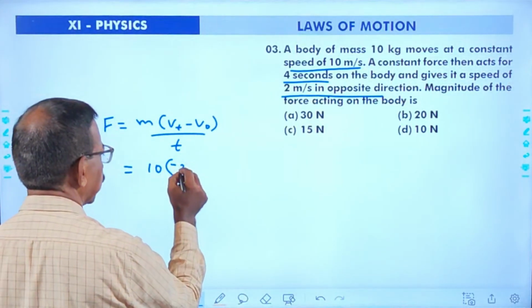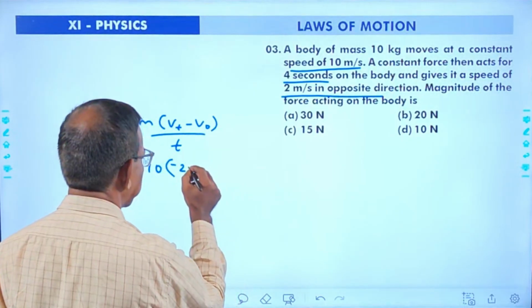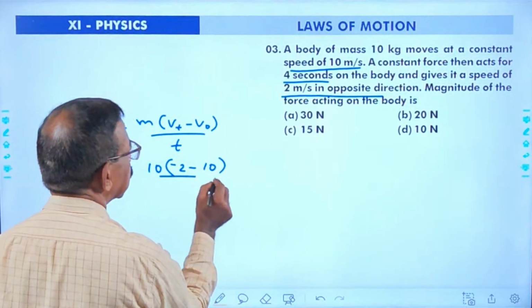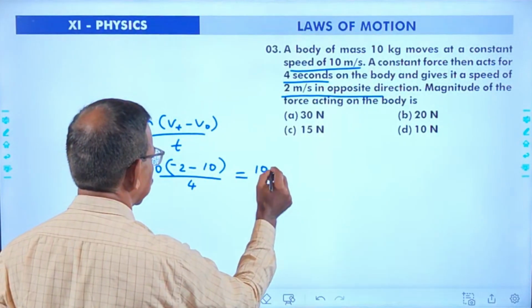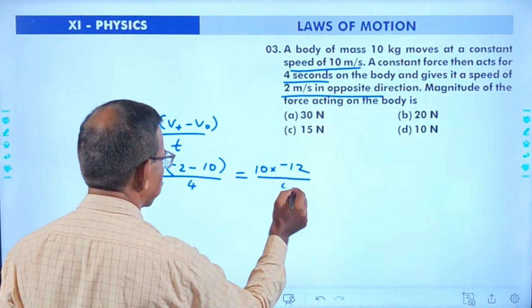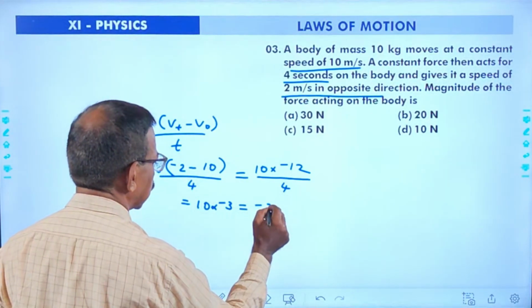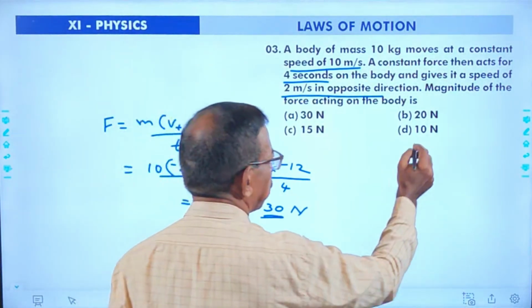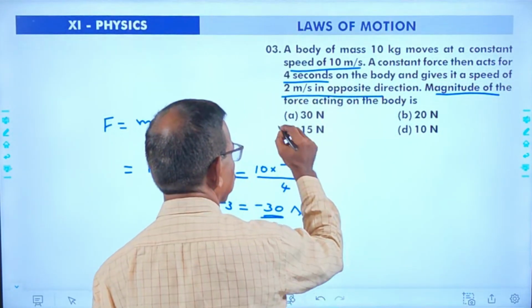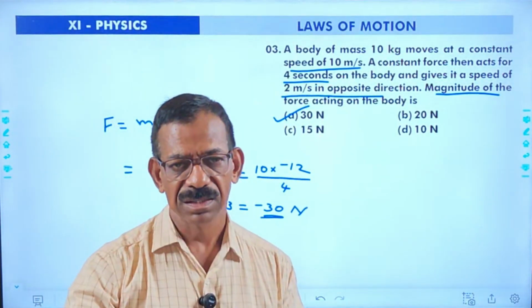That means final velocity is minus 2 in the opposite direction and the initial speed is 10 meter per second and time t is 4 seconds. We get 10 into minus 12 divided by 4. That means 10 into minus 3 equal to minus 30 Newton. Here it is mentioned as the magnitude of force. The magnitude of force is 30 Newton. Hence the answer is option A, 30 Newton.